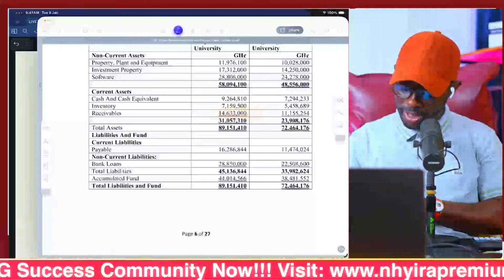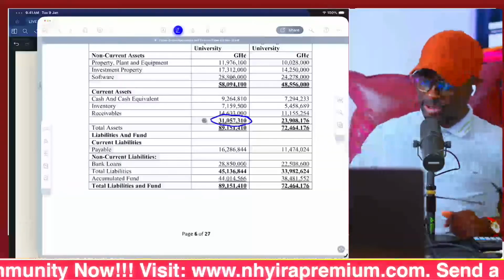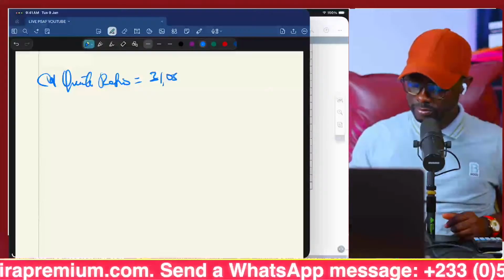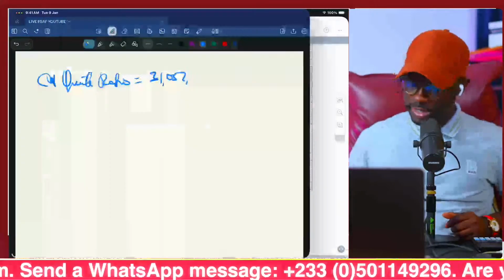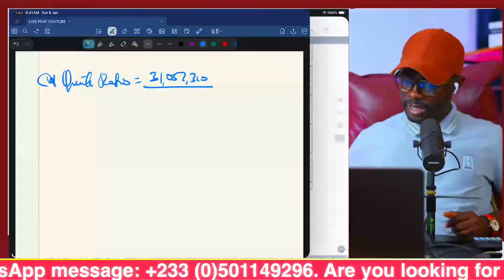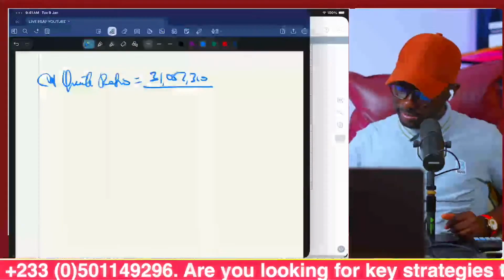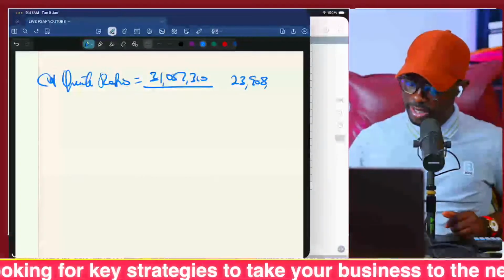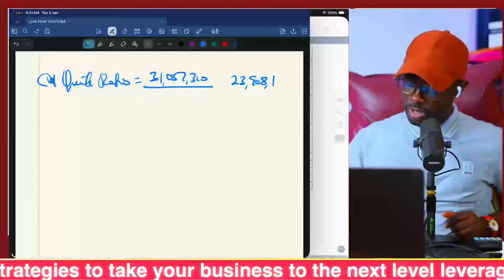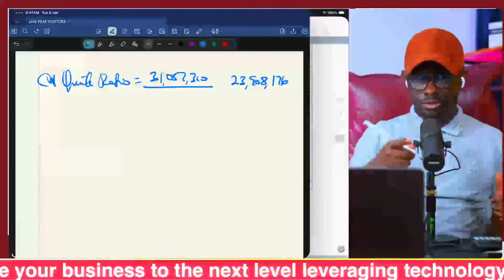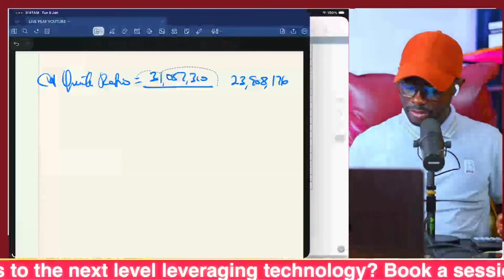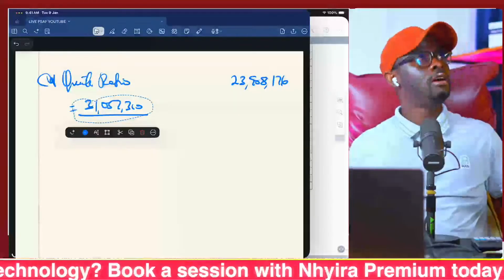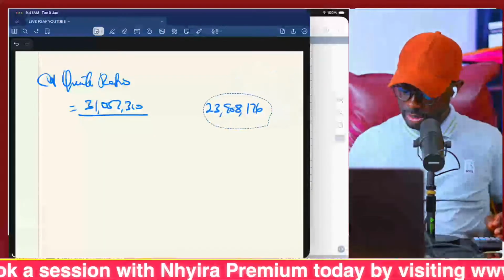You have to be careful about the figures I'm picking. 31,057,320 and 57,310. And then we have 23 million. At this state, my write-up will not go there. 908,176, because I need to do subtraction. So permit me, I will have to restructure this like this.